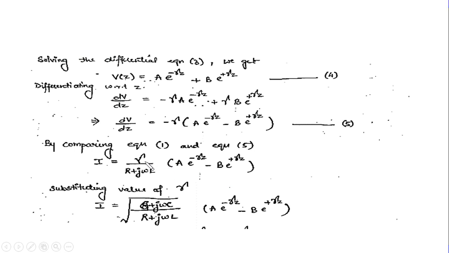So gamma upon R plus j omega L into A e raised to power minus gamma z minus B e raised to power gamma z.